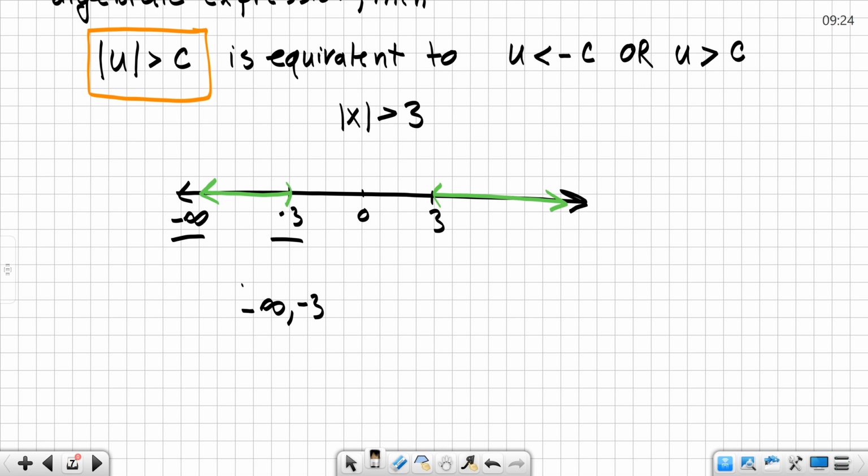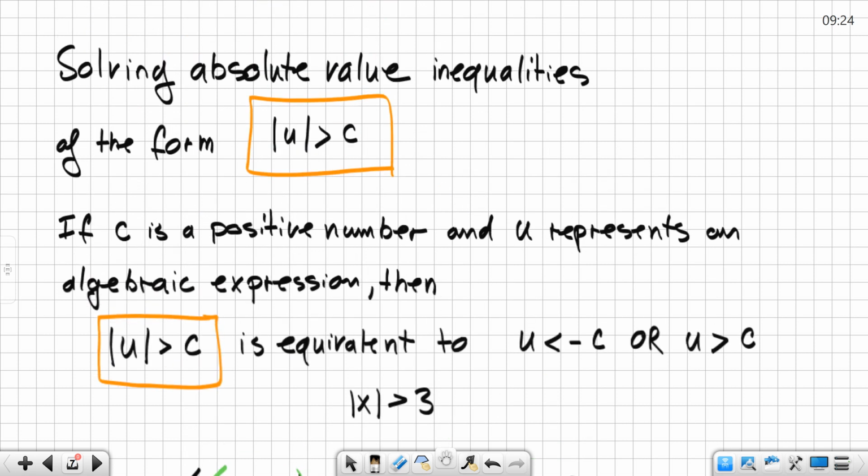Infinities always get parentheses. Negative 3 gets a parenthesis because this was strictly greater than. And then over here I have the interval from 3 to positive infinity. And how do I combine these two? With a union sign.